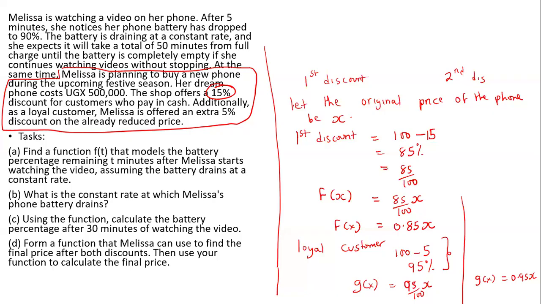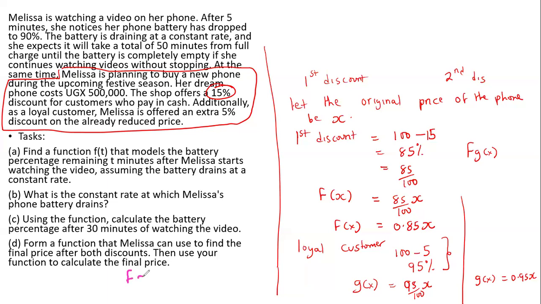Now, how do we get the final function? Now, the final function is going to be our function fg of x. So we are going to find out what is our combined function. Now, I want to explain something on functions.